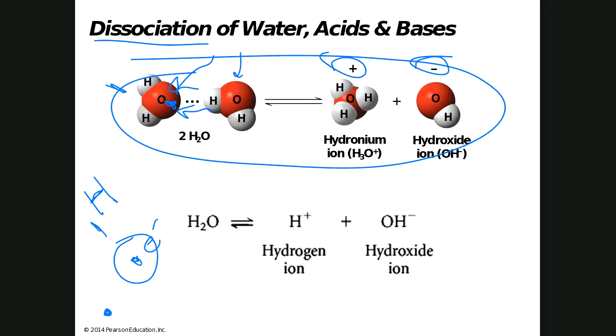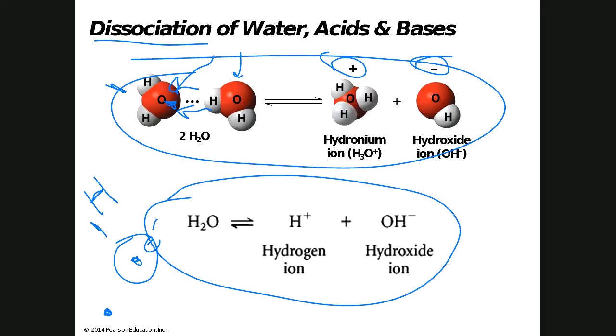Okay, now, that's what's happening, what I just circled up above. That's really what's happening. Typically, you're going to see it written like this. You're going to say that water molecules dissociate into a proton and a hydroxide ion. Basically, this is an easy way of looking at it, especially for what I'm getting ready to define over the next couple of slides. But basically, if you think about it, this is kind of what the intermediate part is. As the oxygen tears off that hydrogen proton, for a moment, that proton is free between the two.